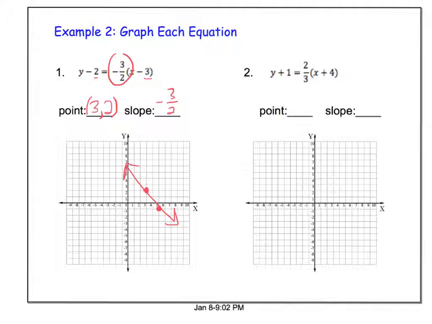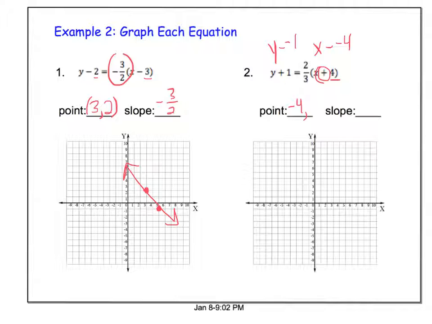For number 2, I need to pull out my x-coordinate. Well, that's contained right here. But it's very important to notice there's a plus sign here. The only way that could have shown up is if my x-coordinate was a negative 4. It's the same thing with the y-coordinate. Because a plus sign showed up, it had to be y minus a negative 1.